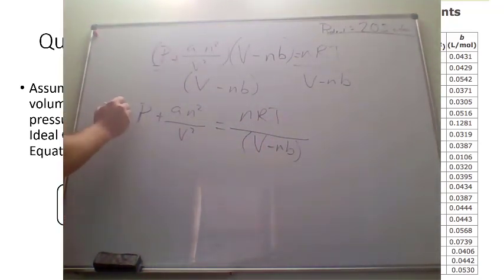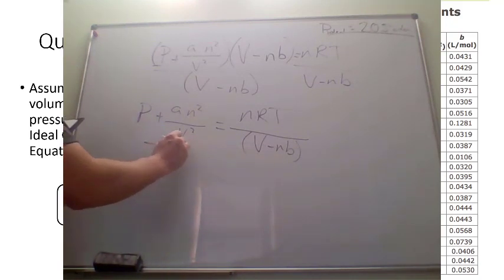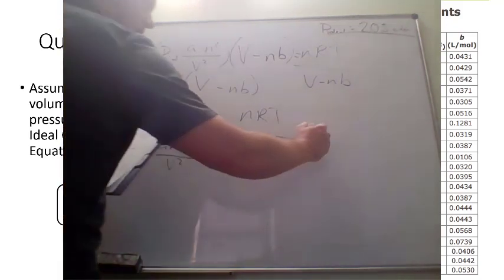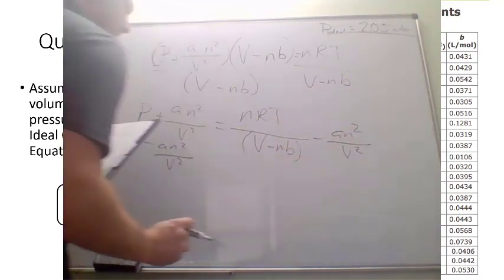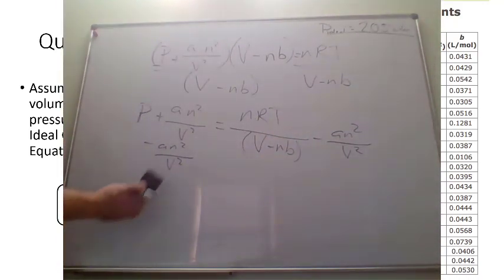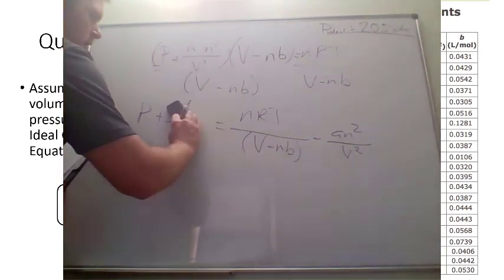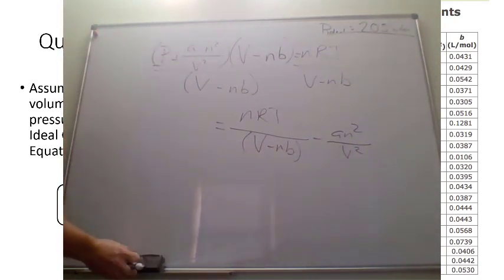Now we can subtract A n squared over V squared from both sides, and that will now isolate and solve for our pressure.